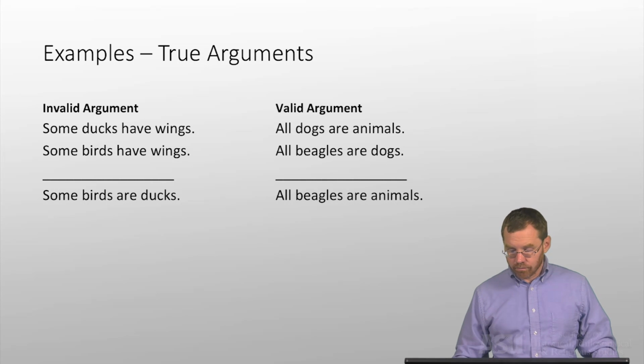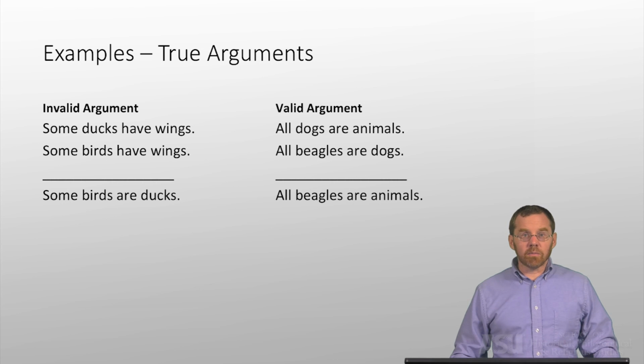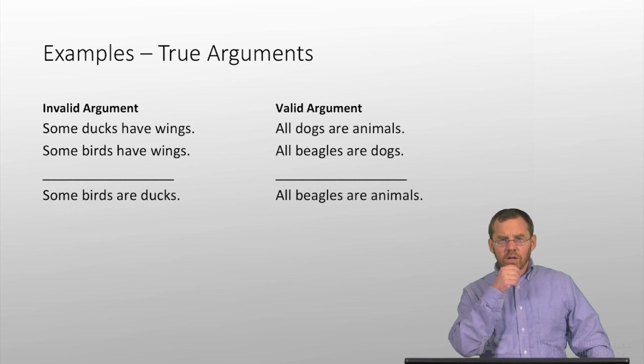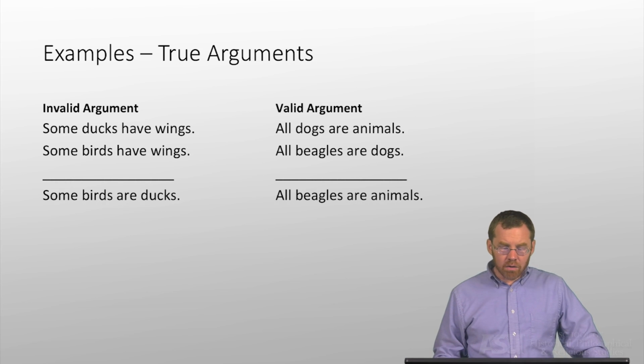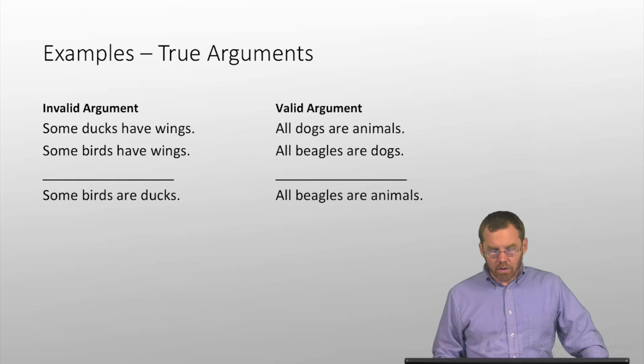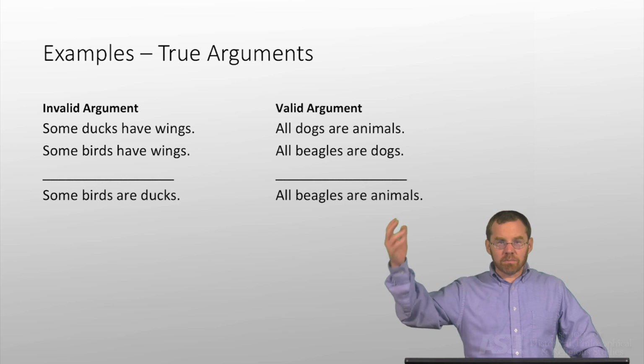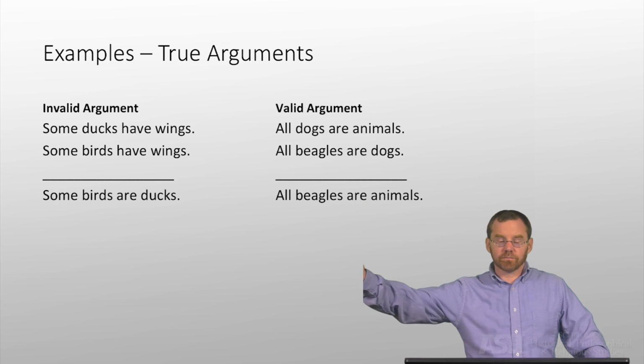Or we could look at it like this. All beagles are animals. Well, is it possible to have an argument with this form where the premises were true and the conclusion was false? Well, what if the conclusion were false? That would mean not all beagles are animals. Well, if not all beagles are animals and all beagles are dogs, we've got something out there that's a beagle and it's not an animal.